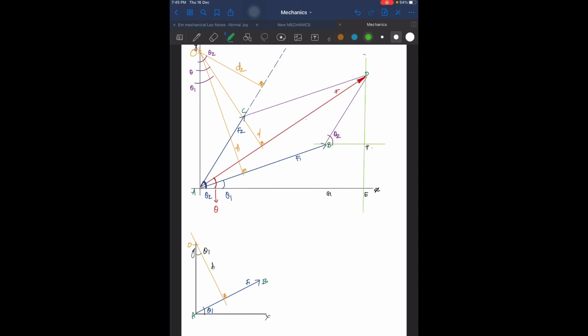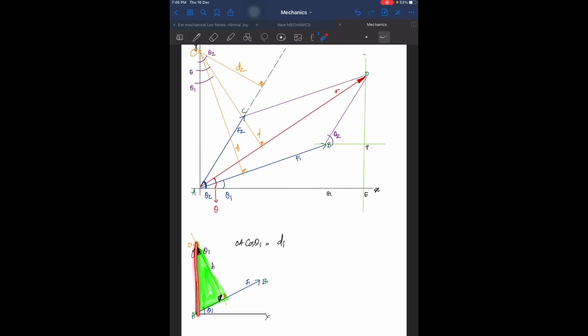Now look onto this triangle. In fact, let me draw it clearly. Look onto this triangle with this angle as reference. You can say that OA cos theta 1 is nothing but D1. Here it will be 90 degrees.